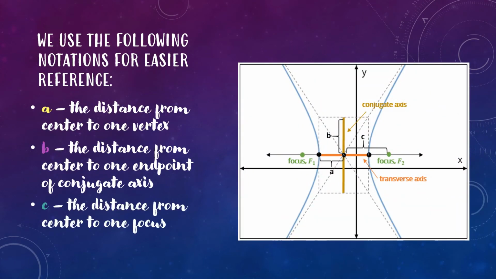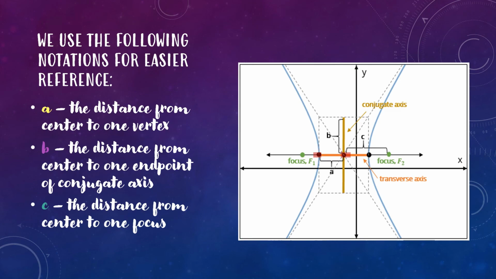So, we use the following notations for easier reference. We have a, the distance from center to one vertex. So, meaning, from center to one vertex, ang distance nila will be a. We also have b, the distance from center to one endpoint of conjugate axis.